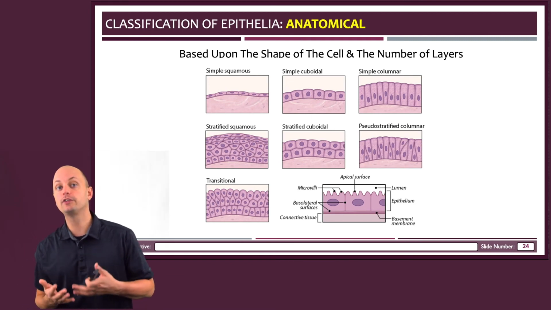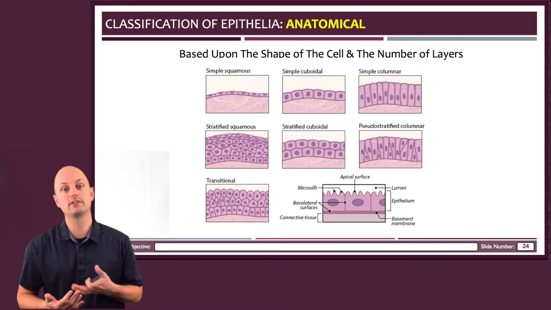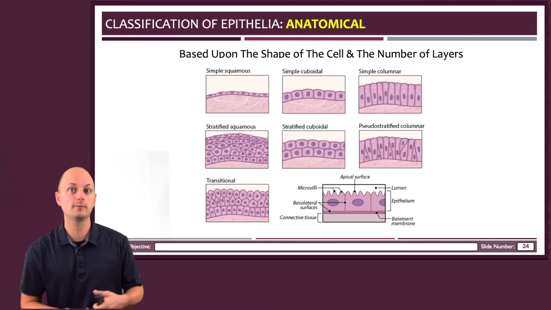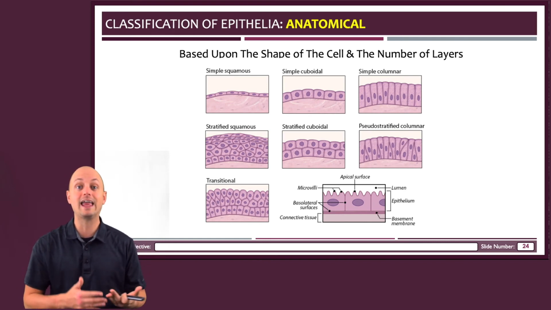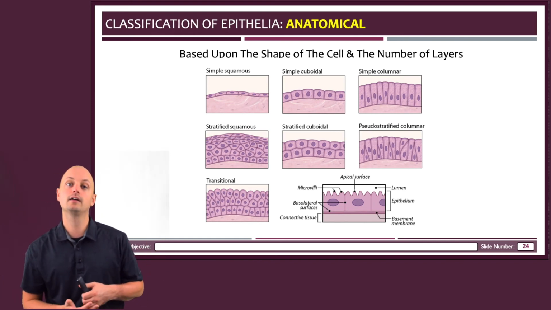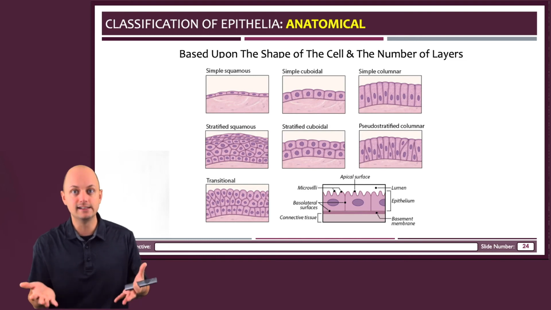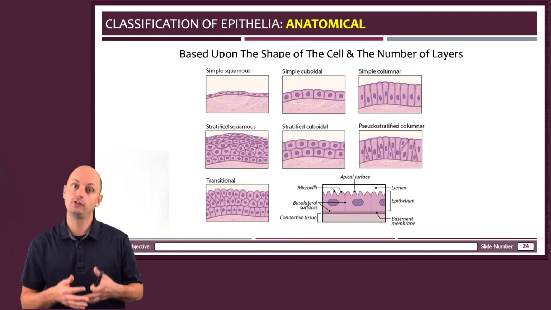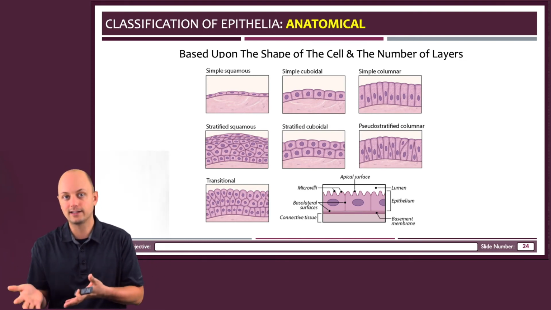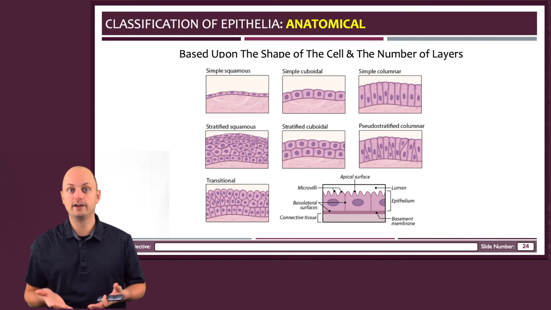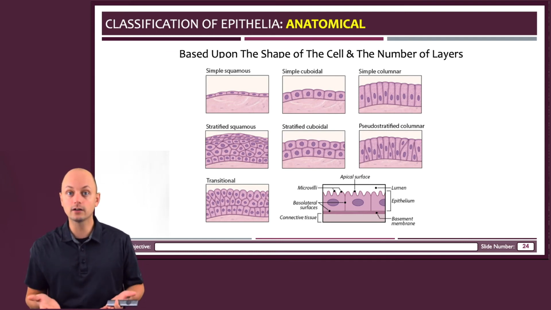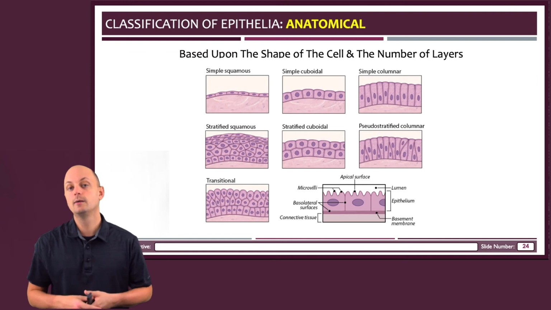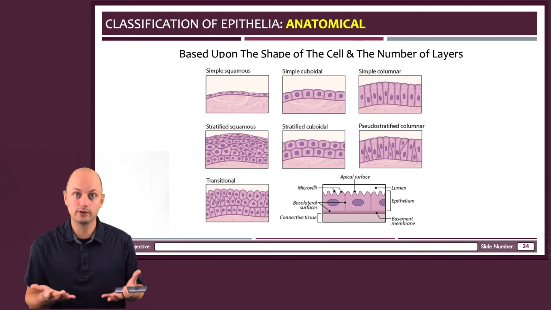Now, there's also a few special cases. So, for example, transitional epithelium often appear as both cuboidal and columnar, depending on how stretched or how distended the tissue is. In other words, if you stretch a cube, you can make a rectangle. Pseudostratified columnar epithelium appear as a multi-layered tissue, but in fact, they're actually a single layer of tissue.